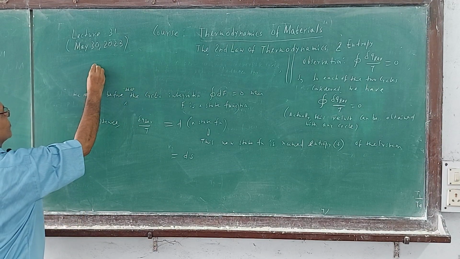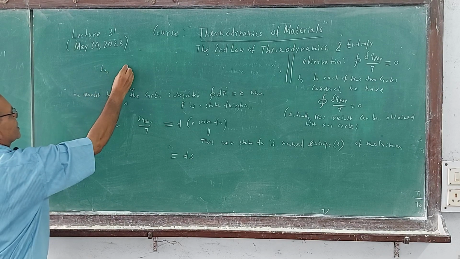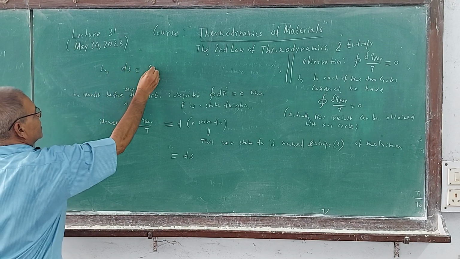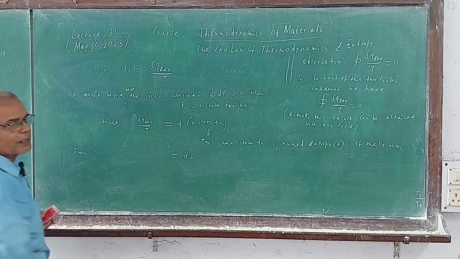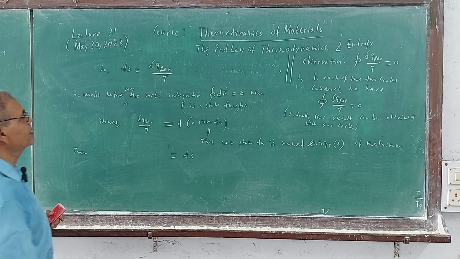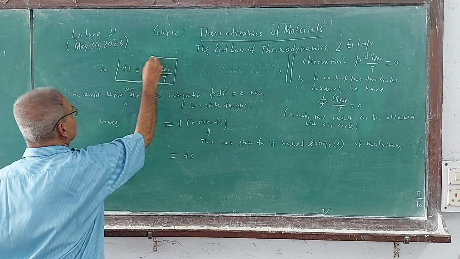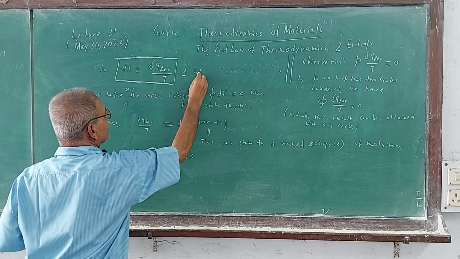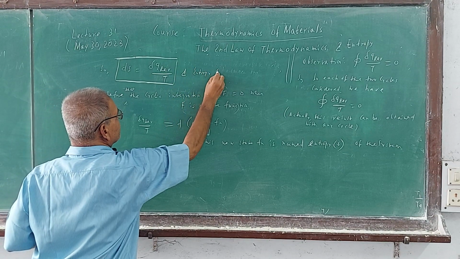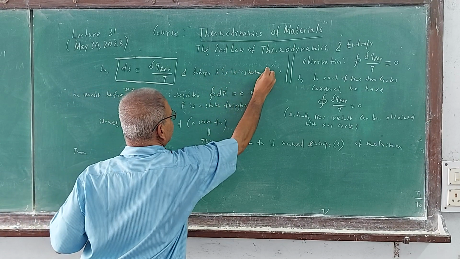So dS is dq reversible by T. This is the definition of the state function. And entropy is a state function, a new state function obtained.